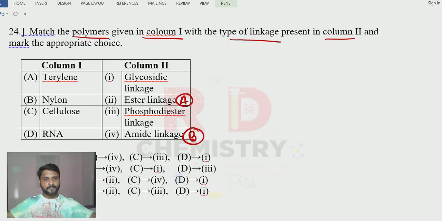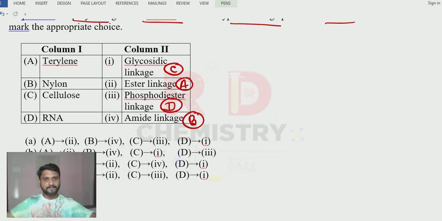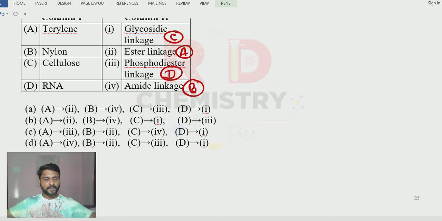Cellulose is a carbohydrate, so the glycosidic linkage is there between the two units here. Therefore C for glycosidic linkage. And RNA is a nucleic acid and the linkages are phosphodiester linkage. So accordingly answer would be option number 2. Second one is the answer here. Clear?